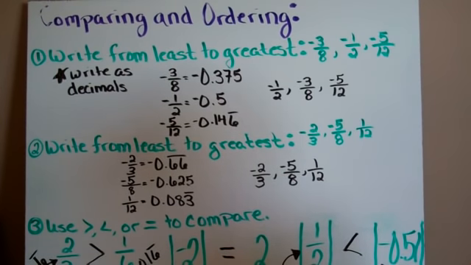The absolute value of 1/2 is 0.5. The absolute value of negative 0.51 is 0.51. The larger number is going to be the 0.51. So I'm going to have the absolute value of 1/2 is less than the absolute value of negative 0.51.